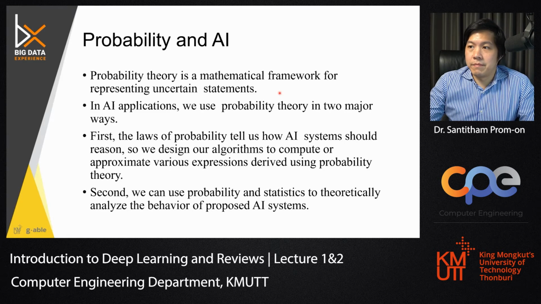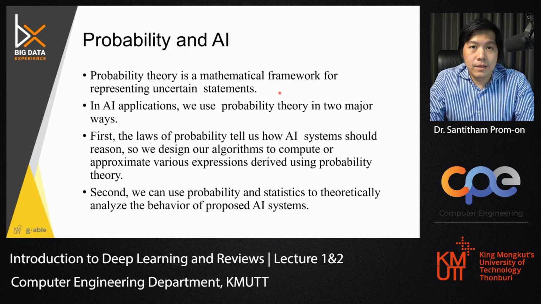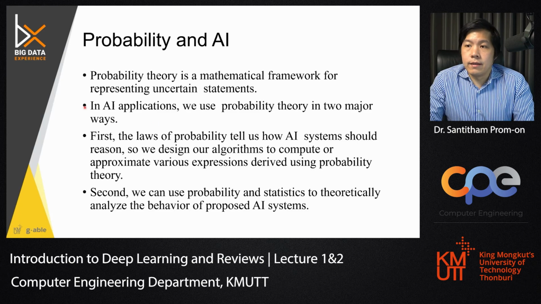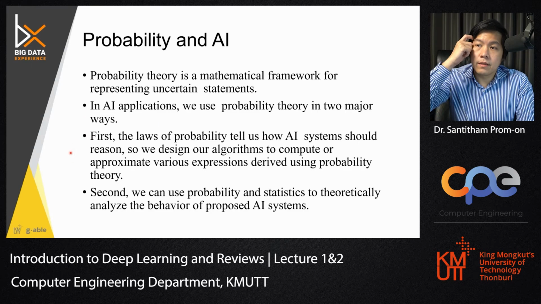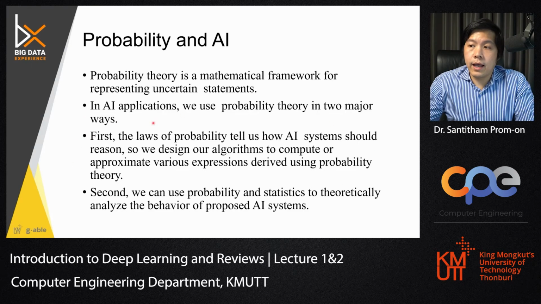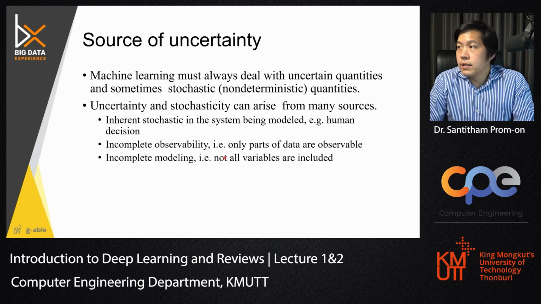Probability plays quite an important role in AI because you want the AI to be able to generalize from data, right? We use probability in AI so that it can make decisions based on uncertainty, and it can also analyze the statistical patterns of data.